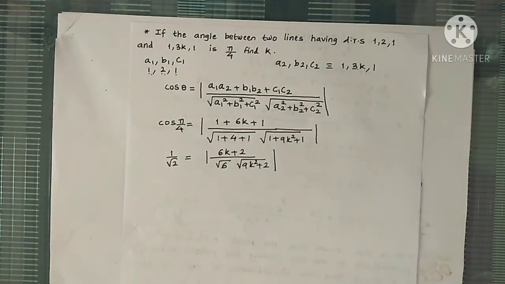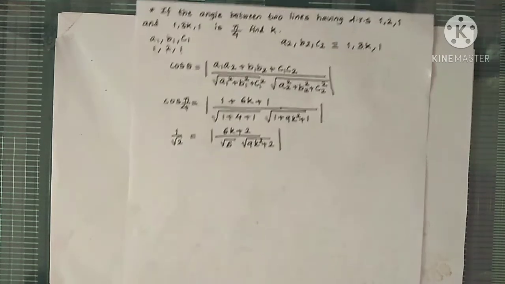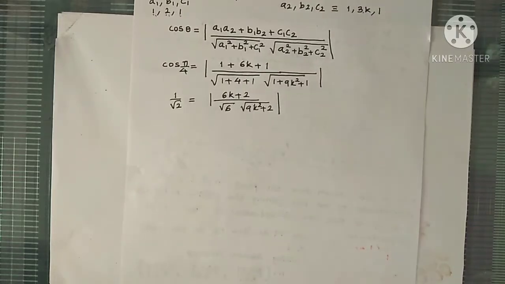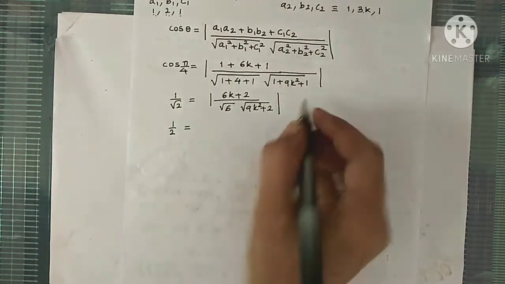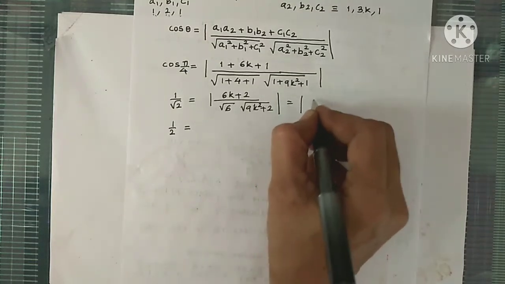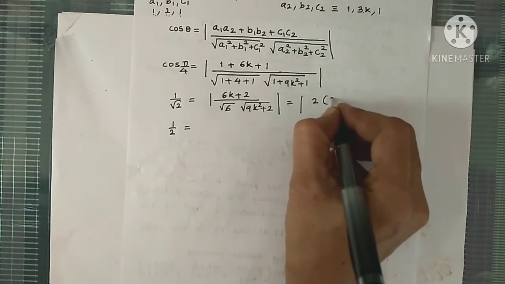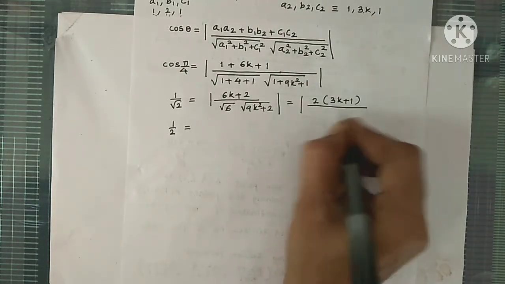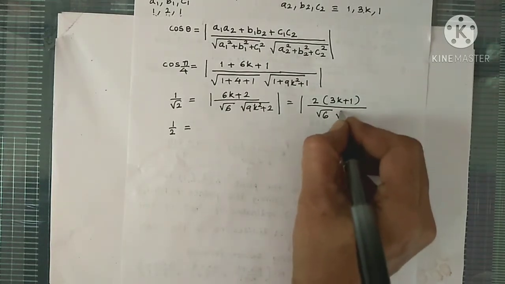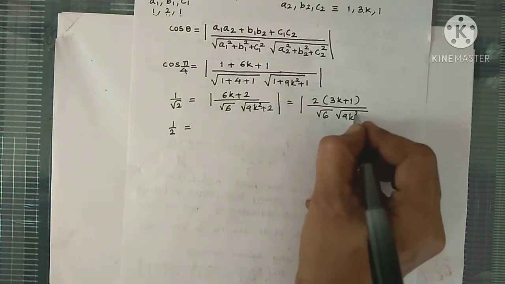Now to remove this modulus sign and square root sign, let's square both the sides. Before that, let's take 2 common from the numerator. Taking 2 common, we get 3k plus 1 divided by root 6 root 9k square plus 2.